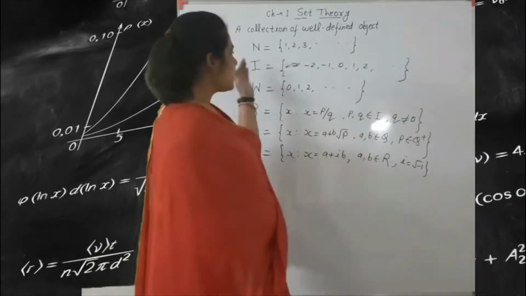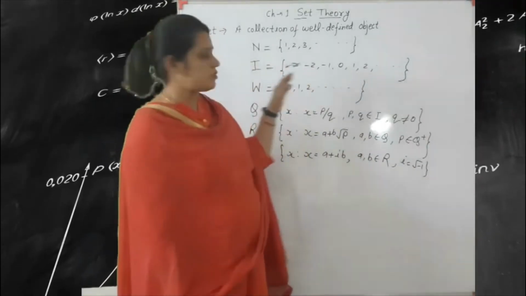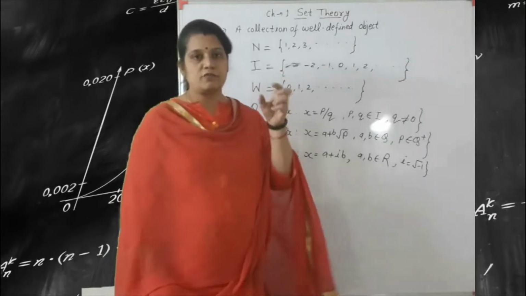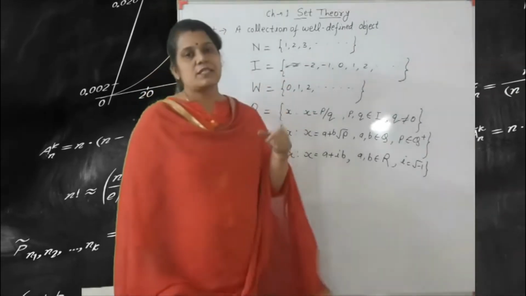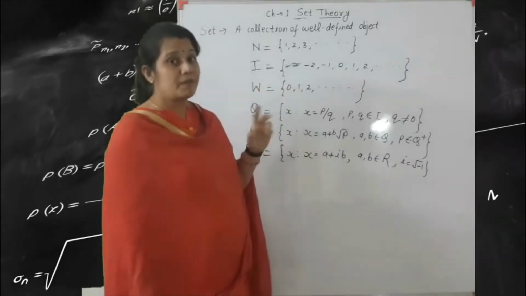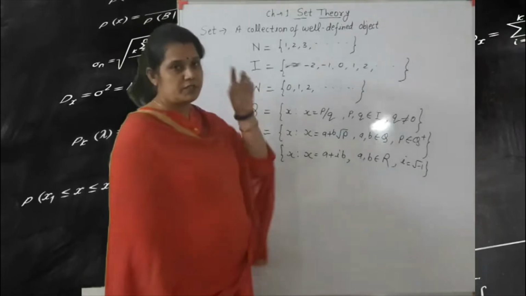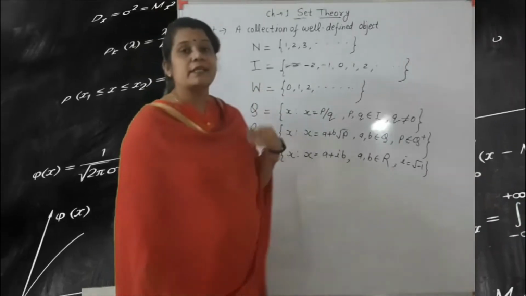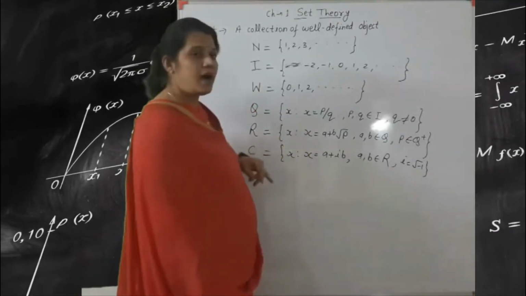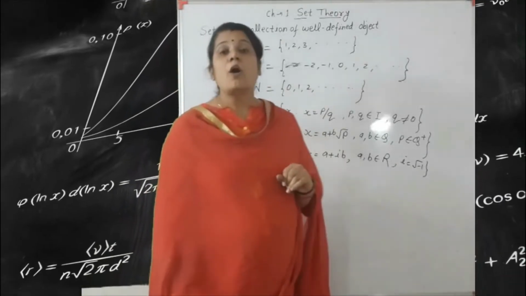So these are the important sets, you already know them: N the set of the natural numbers, I the set of the integers, W set of whole numbers. Here we write Z plus. Sorry, W is Z plus. Q the set of the rational numbers, R set of the real numbers, and C set of the complex number.